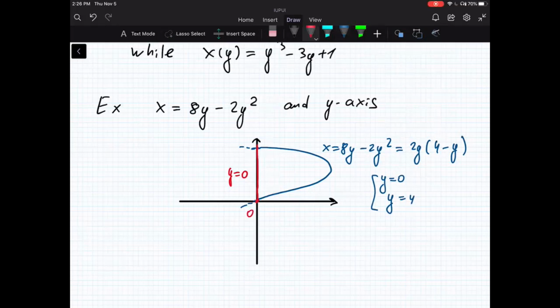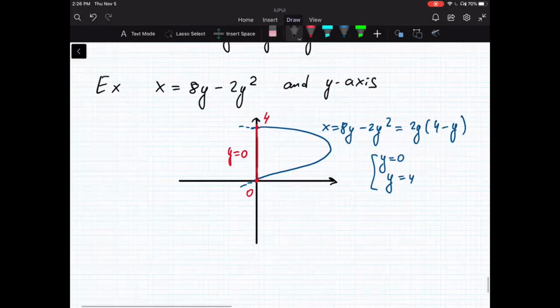So 0, and this point is 4. And that's how you can graph this parabola. You can do it more accurately, and we discussed in the previous sections how to use first derivative, second derivative, and so on to sketch your curve. But in this case, we just need a very rough sketch.